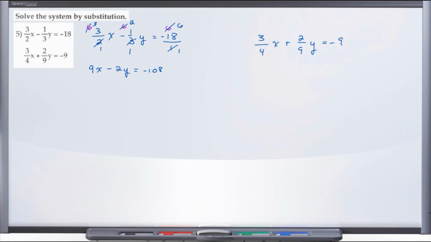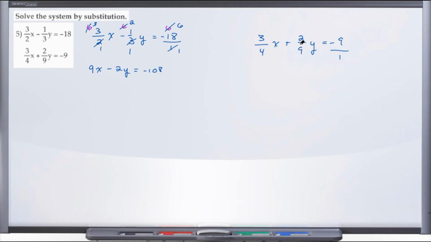And this time, I'll go ahead and rewrite negative 9 as a fraction, so again, we can see each of our denominators. Our common denominator is going to be 36, isn't it? Because we're looking for the smallest number that 4, 9, and 1 go into evenly. But if you're having a hard time figuring out what number that is, in a lot of cases, if you take the two non-1 numbers, because we'll ignore the 1, because 1 will go into any other number, but 4 and 9, there are only certain numbers that each of these will go into evenly.